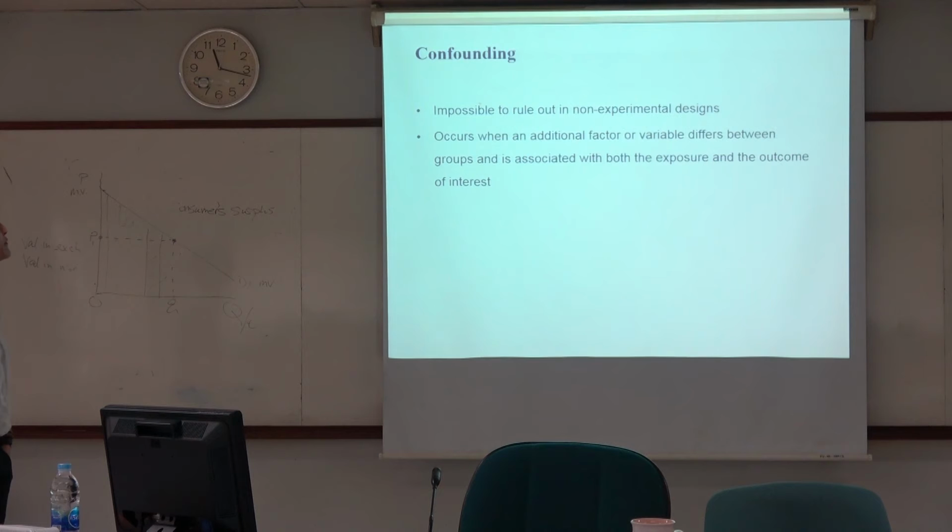So confounding, it's impossible to rule out, really. You cannot be clear of confounding no matter how sophisticated your statistical adjustment might be. So you just have to accept that, and that's a limitation. It occurs when an additional factor or variable differs between groups and is associated with both the exposure and the outcomes of interest.